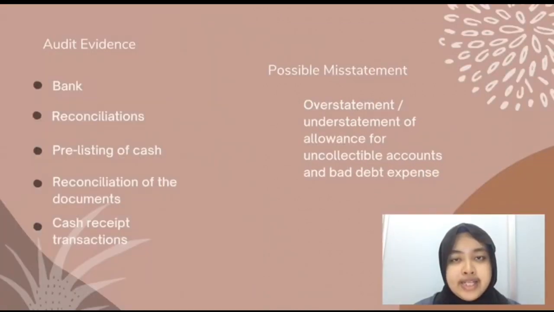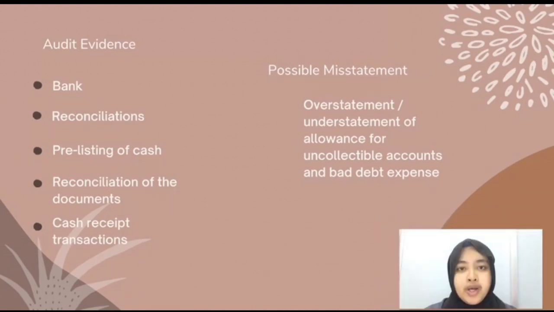Audit evidence is bank reconciliations, pre-listing of cash, reconciliation of the documents, and cash receipts transactions. Possible misstatement is overstatement or understatement of allowance for uncollectible accounts and bad debt expenses.